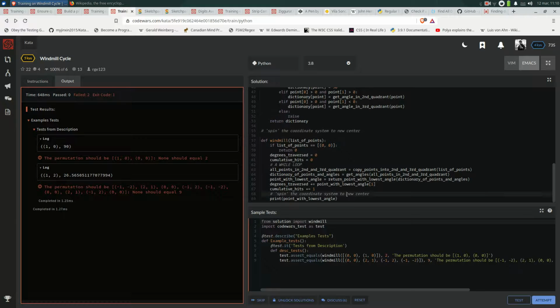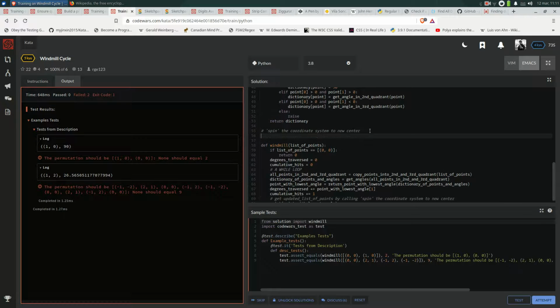But here we actually call that function. So we just say get new list, get updated list of points by calling spin the coordinate system to new center. Alright, so we gotta get a couple of them updated points over here.